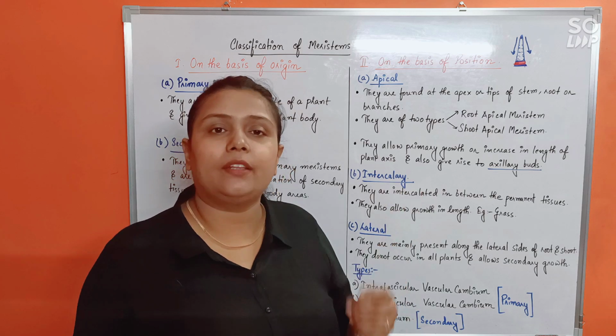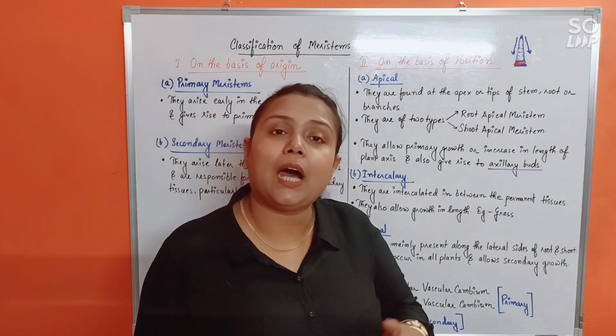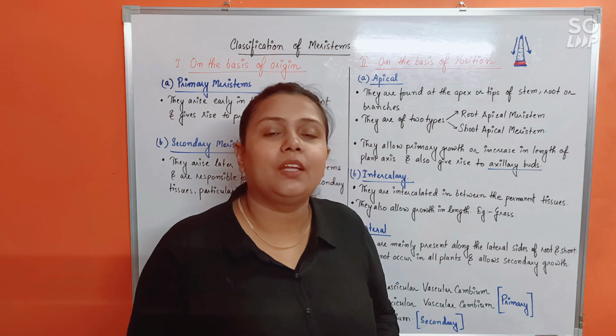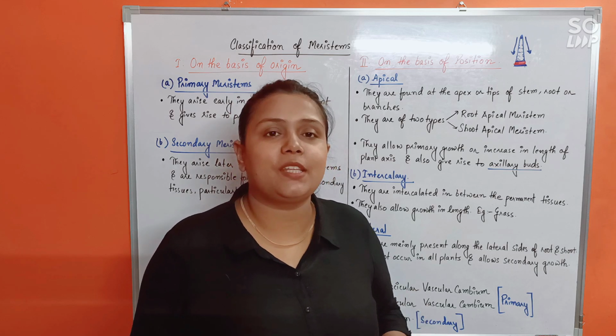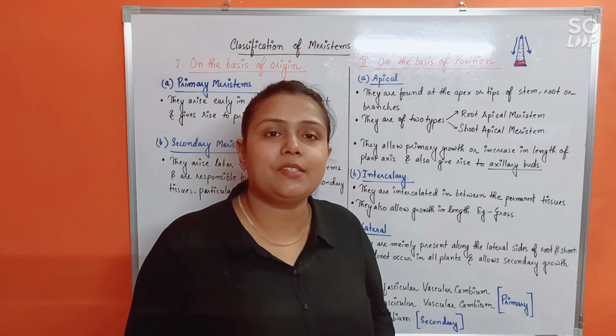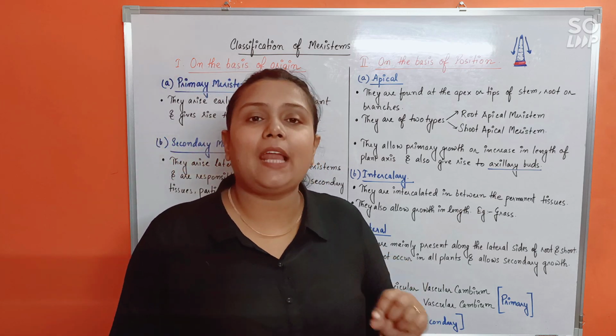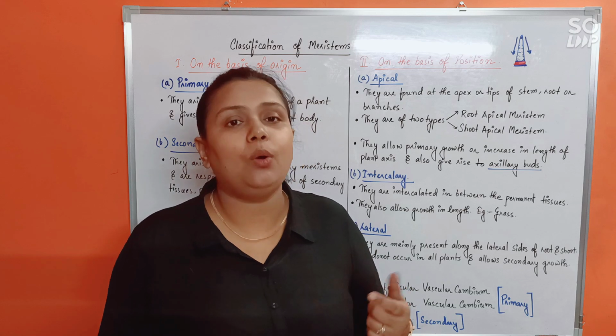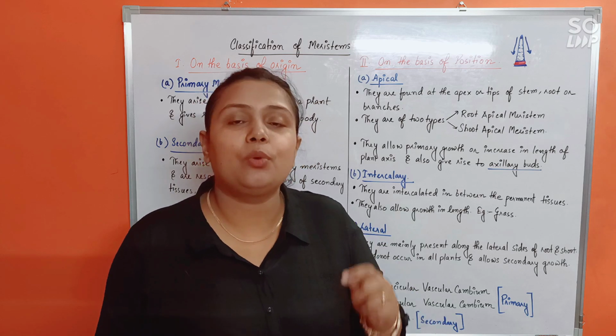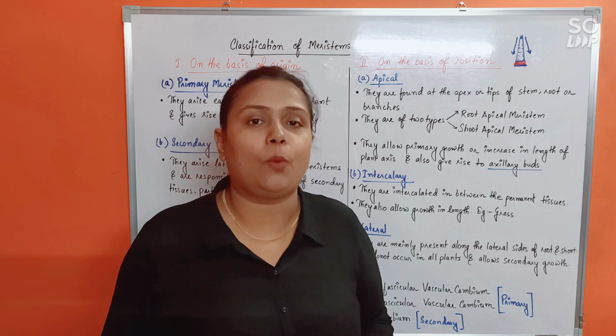It will again grow in length. How is it growing in length without the shoot apical meristem? Because it already possesses certain intercalary meristems. Even if the shoot apical meristem is not present, the intercalary meristems would allow the grass to regenerate, to again get back to its original form.